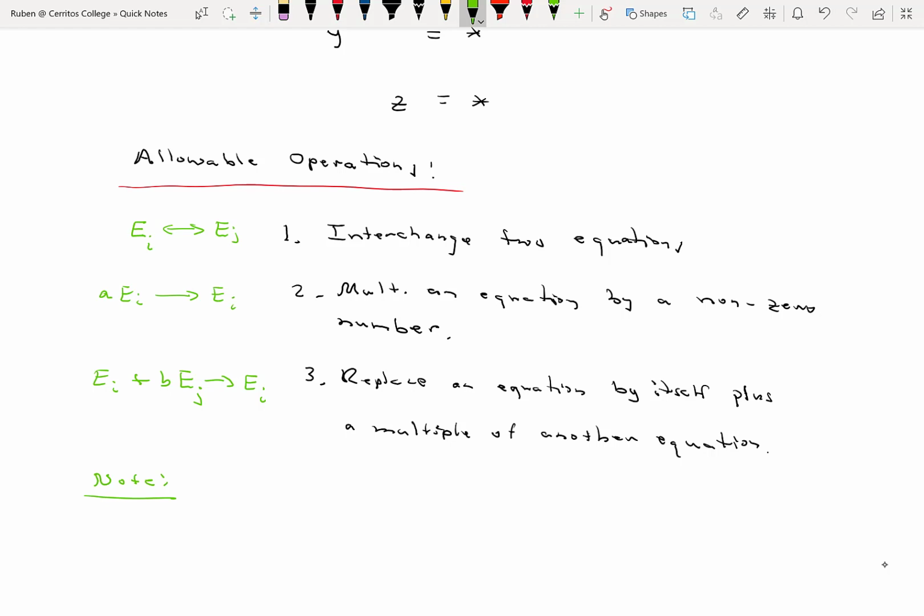2 and 3 can be combined to a single operation. 2 and 3 can be, and often are, combined to a single operation: take A times equation I plus B times equation J, and put it back into the position of equation I. Okay.